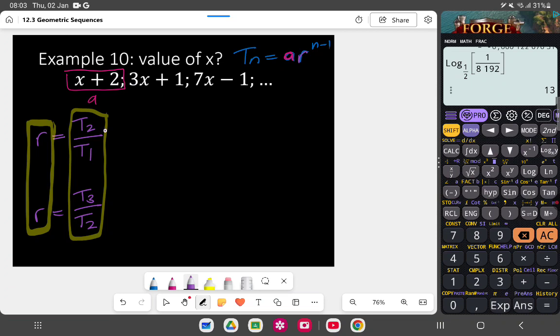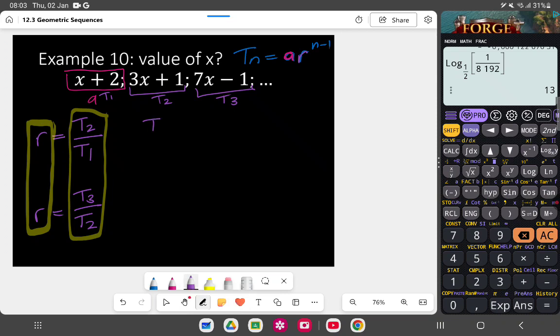So let's say term 2 over term 1, so this is term 1, this is term 2, and this is term 3. Okay, let me rewrite this. This yellow portion is exactly what I'm doing, but I'm going to rewrite it.